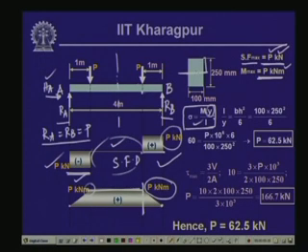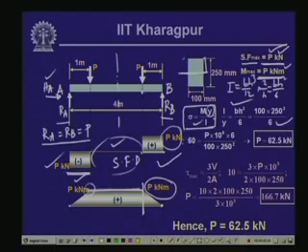Now, for a rectangular section, I equals B h cube by 12, and the furthest distance y is h by 2. So, I by y is equal to B h square by 6, and if you substitute the values, you get this value of B h square by 6.